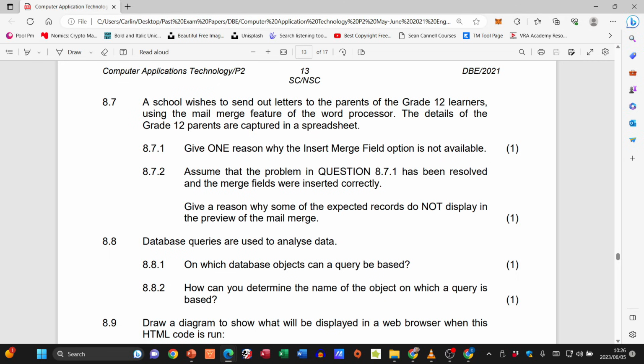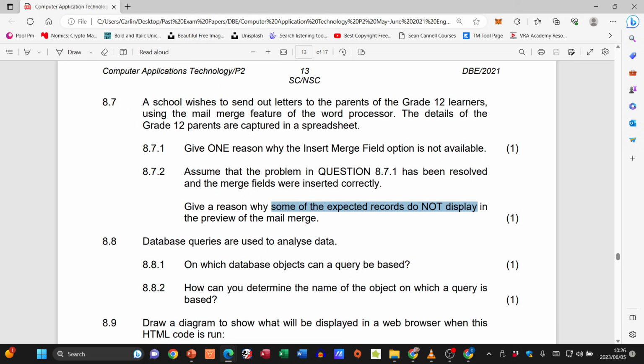8.7.2, assume that the problem in this one has been resolved and the merge fields were inserted correctly. Give a reason why some of the expected records do not display in the preview of the mail merge. Well, maybe there were errors in creating the filter or recipient list.